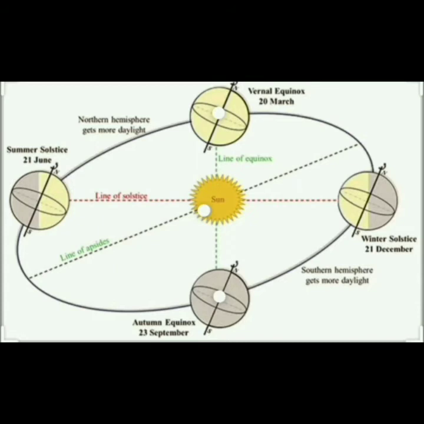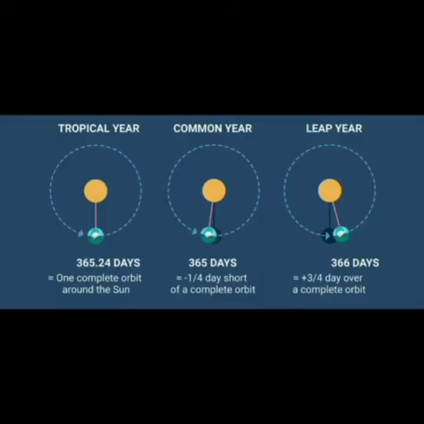Yes. Now, we have seen that on 21st June in northern hemisphere it is summer season with longer days and shorter nights. But on the same day, on 21st June in southern hemisphere also, all three conditions are reversed. It means it is winter season in southern hemisphere with shorter days and longer nights.